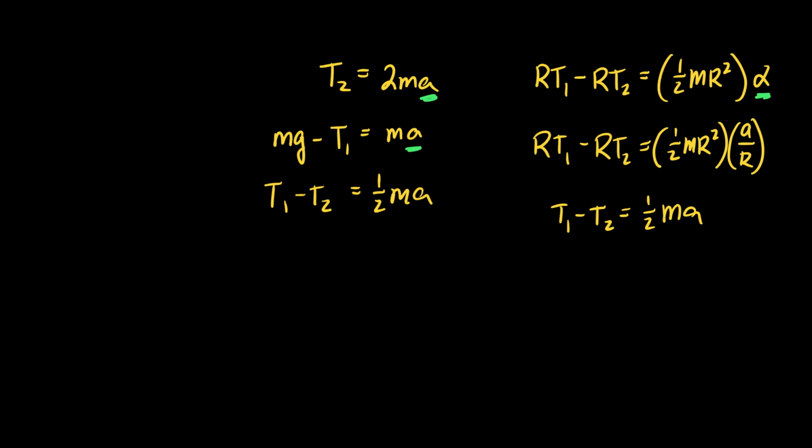You'll notice that it has both tensions in it. It has to. The pulley connects both masses together. That's what ends up being there. You guys good? Now, I don't know how you want to deal with this. I'm going to deal with it the way I've been dealing with it all year. I'm just going to add all three equations together. Because when I do that, I have a negative T2 and a positive T2, a negative T1 and a positive T1.